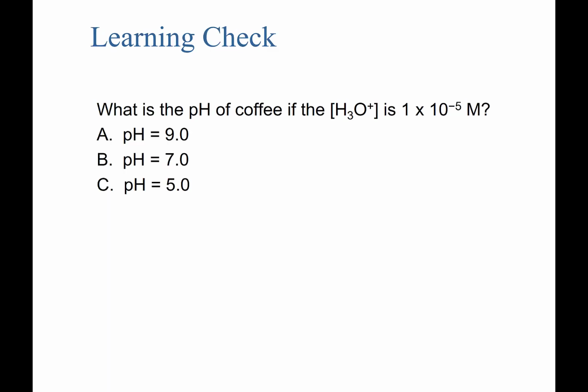All right, for these ones we're given the concentration, and we have to find the pH. So if the H3O plus is 1 times 10 to the negative fifth, to find the pH I'm going to do negative log of 1 times 10 to the negative fifth.